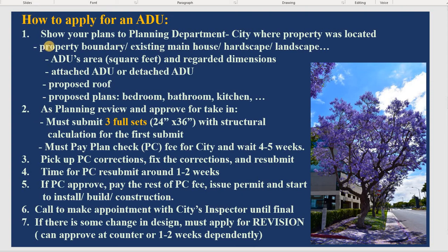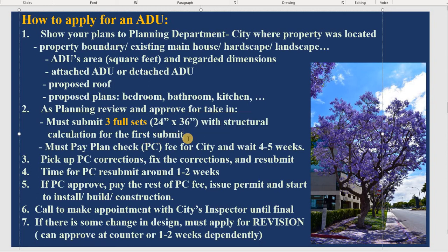The size is 24 inches by 36 inches, and 3 full sets with structural calculation for the first submit. So when you start to do the plan, and after that they say okay, you can submit for take-in, you need to be ready with 3 full sets plus structural calculation for the first submittal.